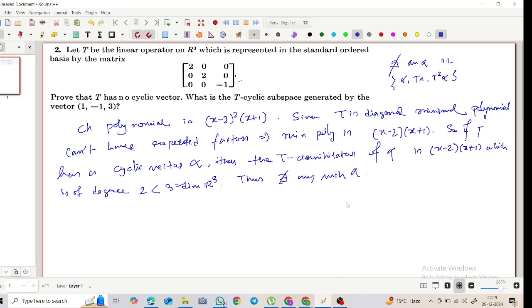Okay. Now next, so if alpha is (minus 1, 1, 3) and T is the matrix 2 0 0, 0 2 0, 0 0 minus 1, you can compute T alpha like this, and T square alpha is like this.